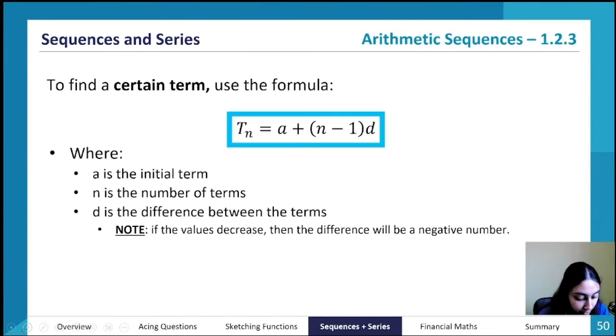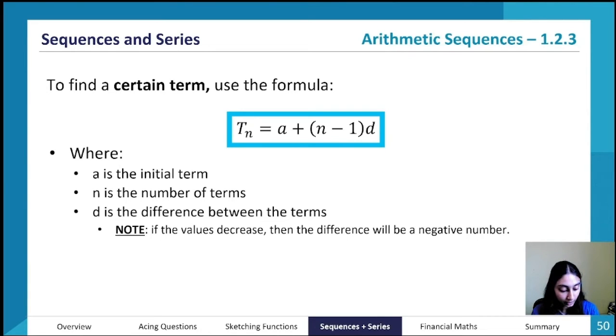So let's go in with the actual equation first, and then we'll go through the questions. Okay, to find a certain term, we have the formula Tn is equal to A plus n minus 1 times D. So A, as I was saying before, is the first term. N is the number of terms, so the nth term. And then D is the common difference between the terms.